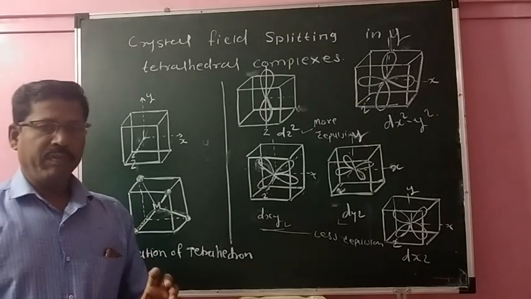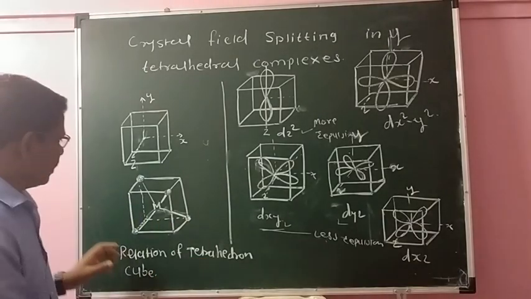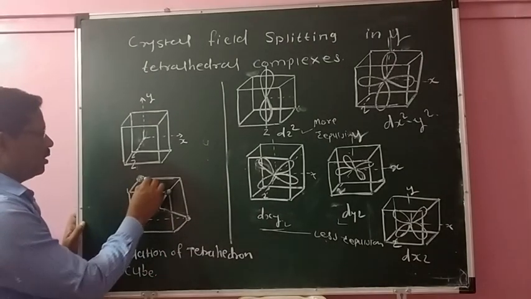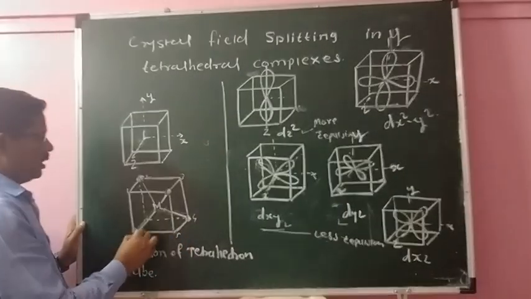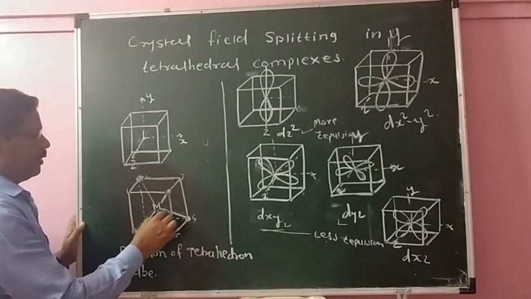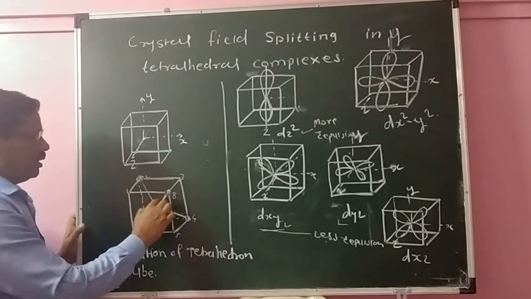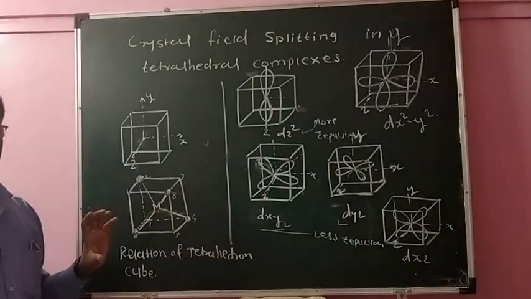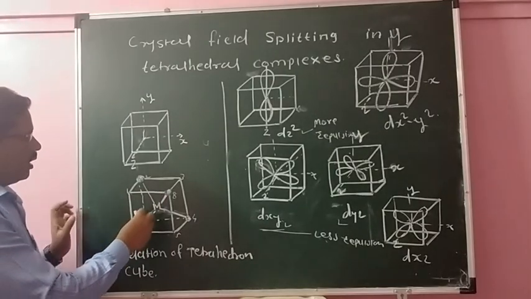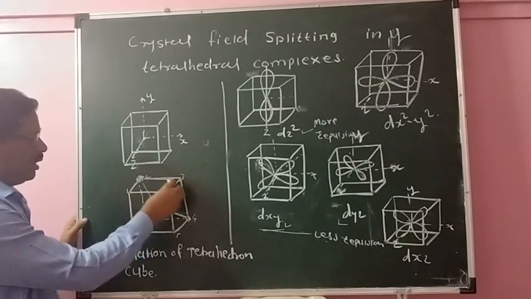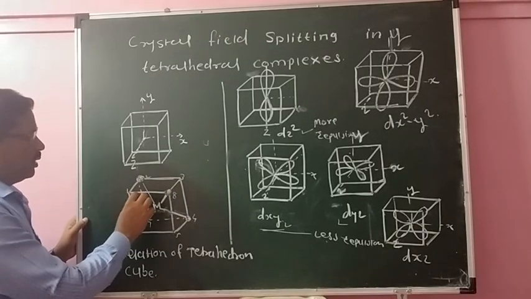The cube has 8 corners: 1, 2, 3, 4, 5, 6, 7 and 8. These are the 8 corners of the cube, and the 4 ligands are placed at alternate corners of the cube.